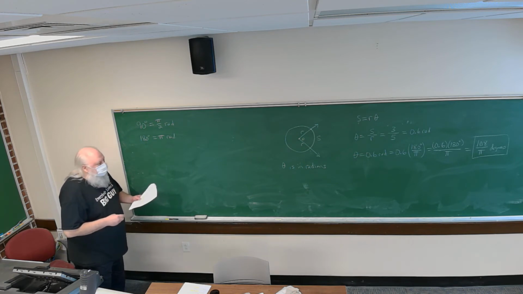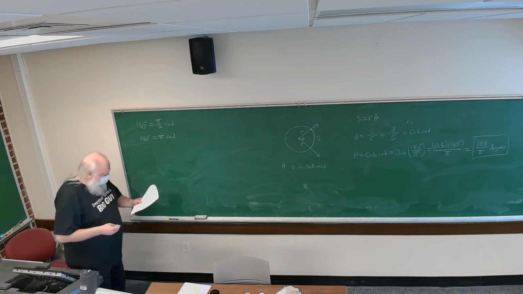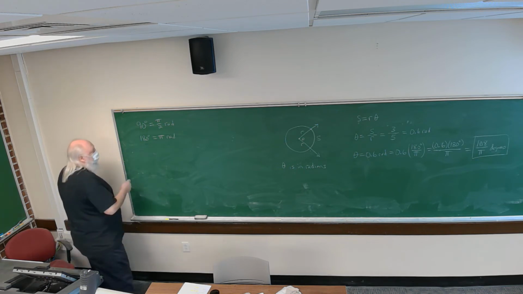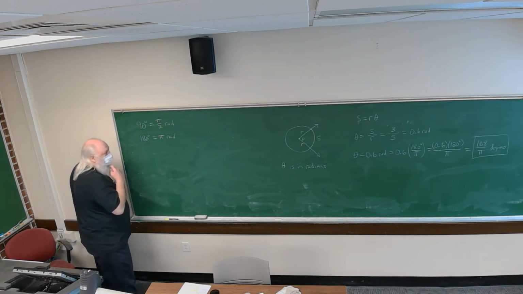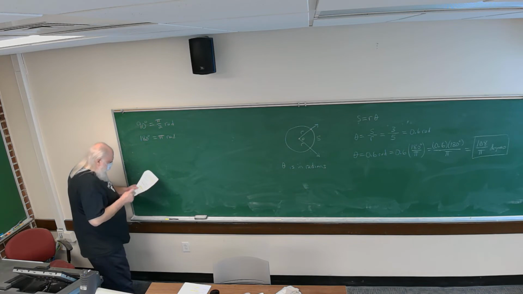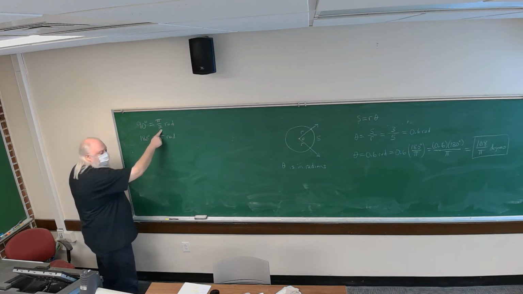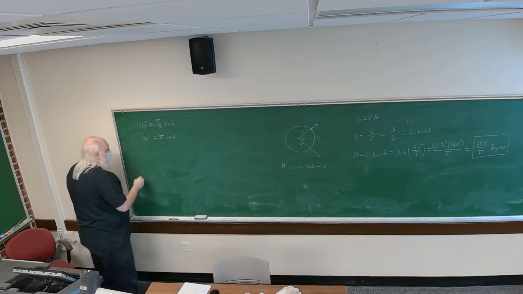So in example 7, part A, you're asked, find the angle that is complementary to pi over 6. So to find the angle that's complementary to pi over 6, we subtract pi over 6 from pi over 2. Because pi over 2 radians is the same as 90 degrees.